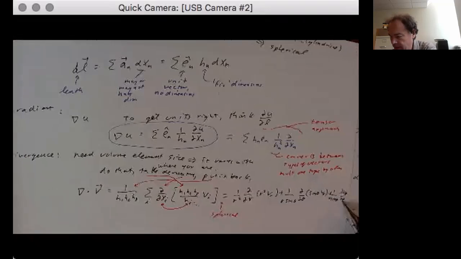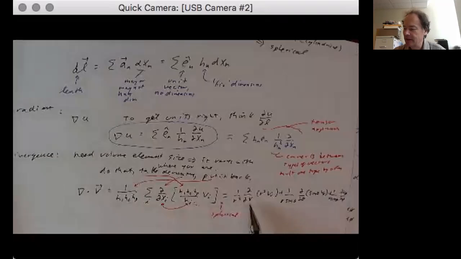partial phi. And so if you went and plugged into this, where the x sub i are r, theta and phi, you're dividing out one of the particular ones. As you're taking the derivative here, some stuff, of course, comes out and cancels. Like if you're taking r derivative, you can pull out the sine theta. That cancels the sine theta from h3, or h phi, on the bottom.